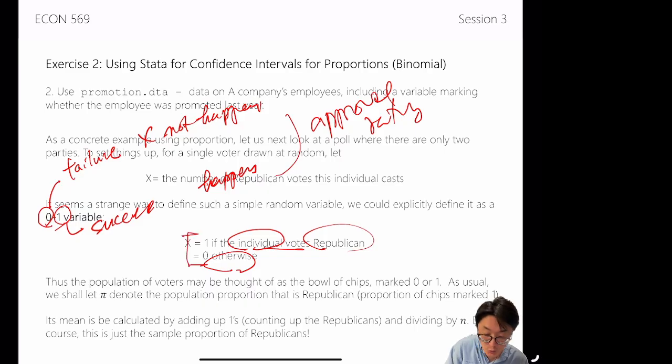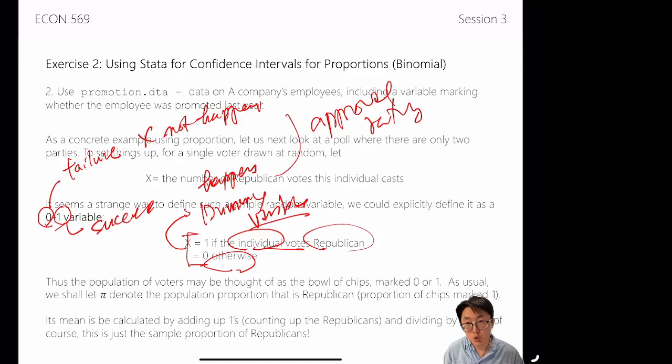So 1 and 0, this kind of variable we call a dummy variable. So in fact, do, not do, exist, not existing, yes or no, that is not a number, but we are trying to assign some numerical value, 1 and 0.